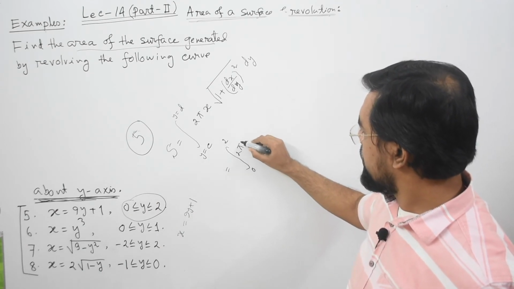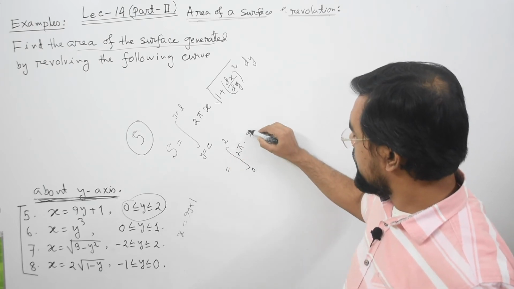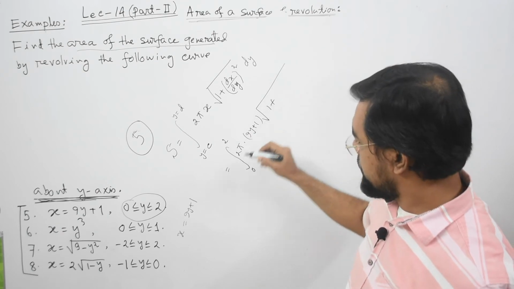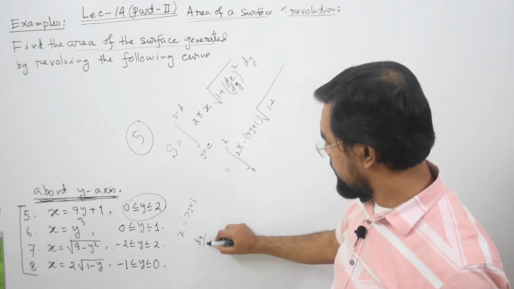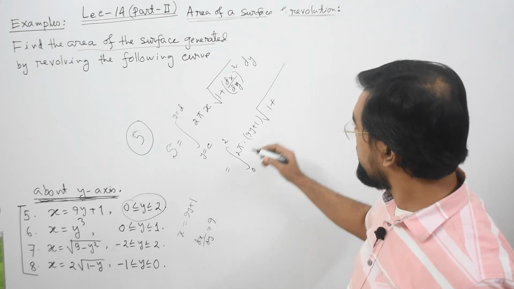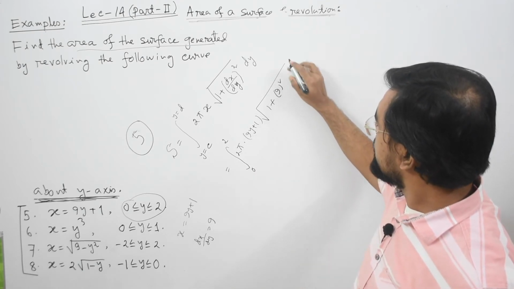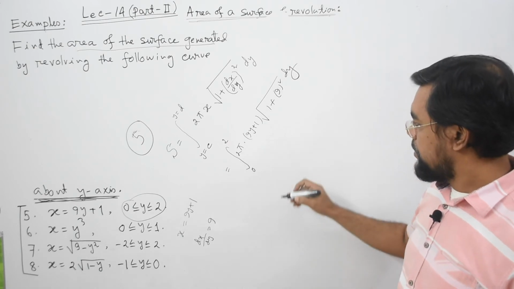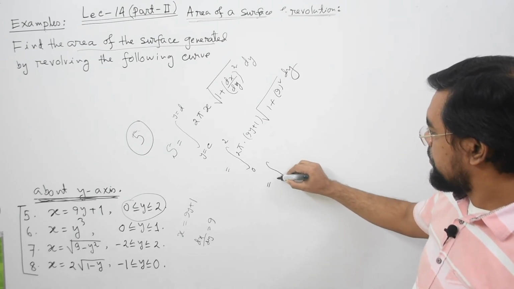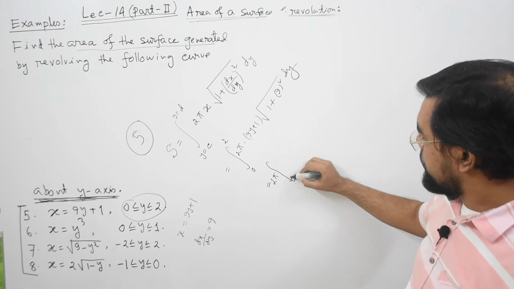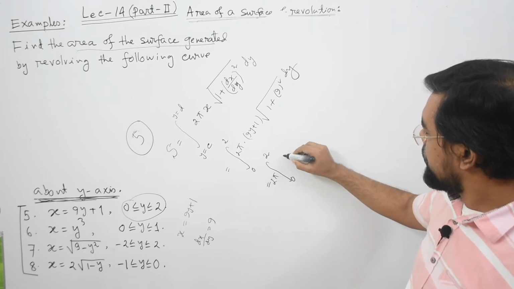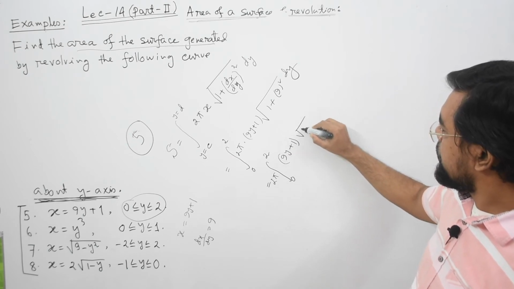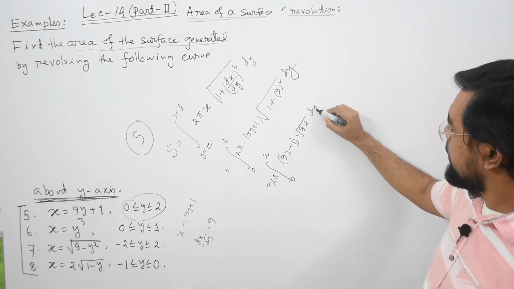Pi x equals 9y plus 1, and the square root of 1 plus dx/dy is here, which is equal to 9 square, dy. So this equals the integral from 0 to 2 of 9y plus 1 times square root of 82 dy.